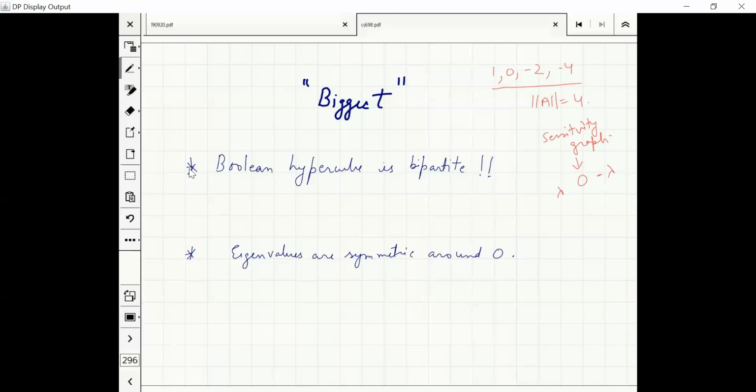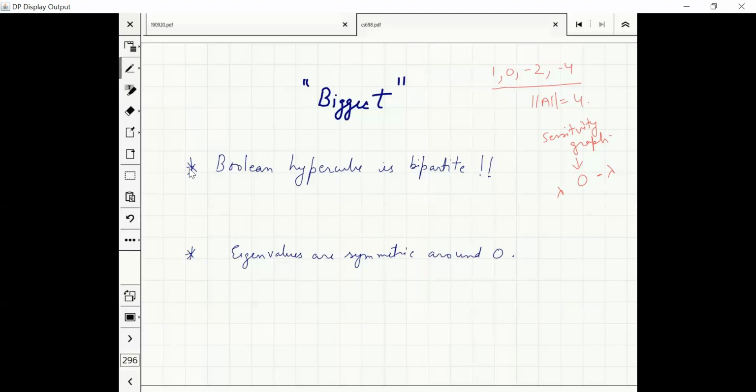Yeah. So the Boolean hypercube is bipartite. The partition is: one of the sets is the set of inputs with even Hamming weight, and the other is the set of inputs with odd Hamming weight. Perfect.